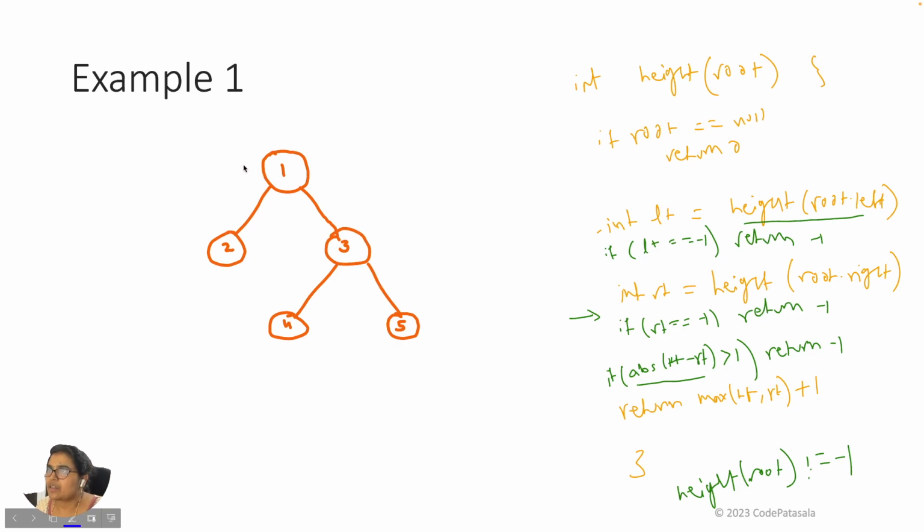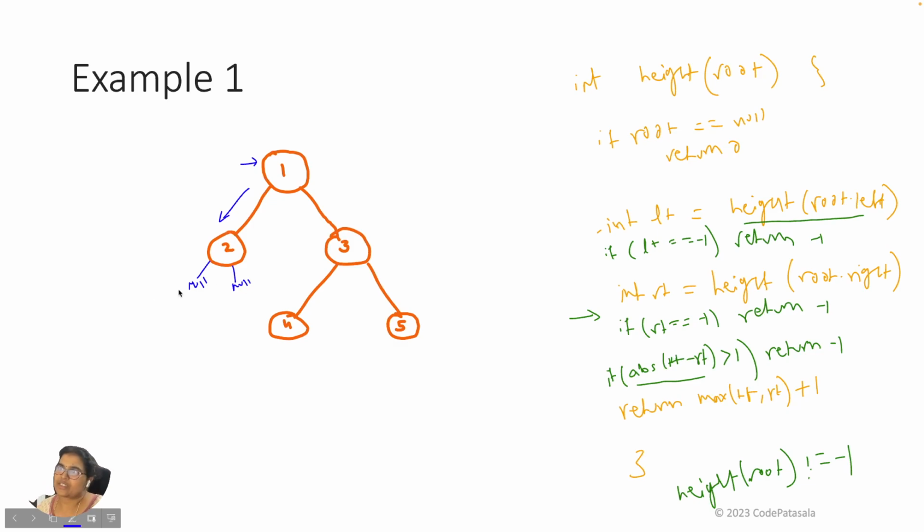Let's say we are at 1. Okay. So when we are at 1, when we go through our algorithm, is 1 null? No. So we just go to the left side. When we go to the left, we reach 2. At 2, again, we try to compute the height. So at this point, it is simply pointing to 2 nulls, right?